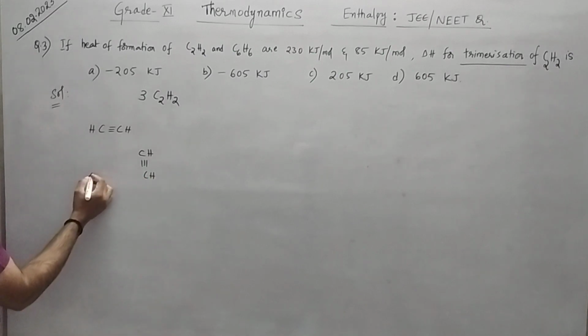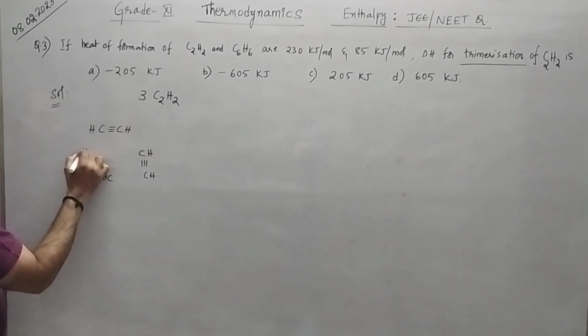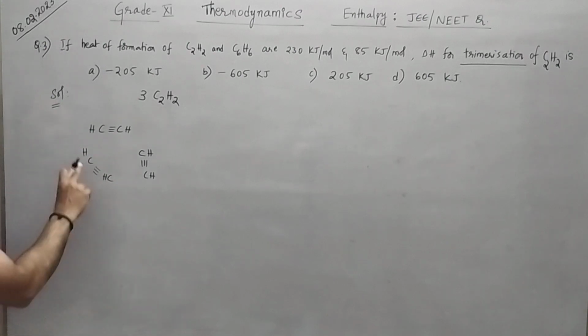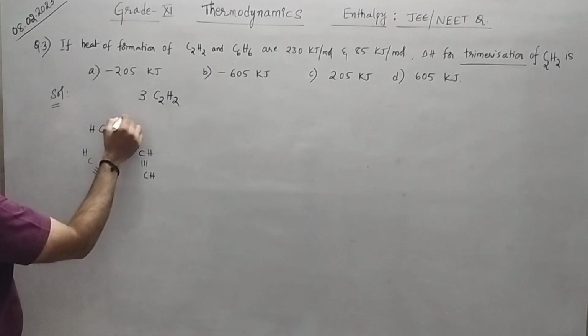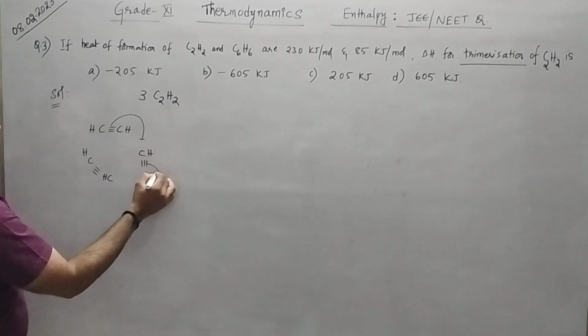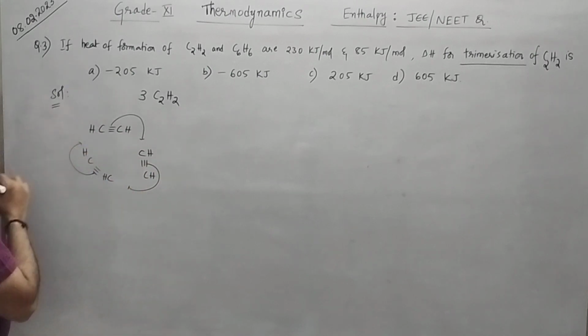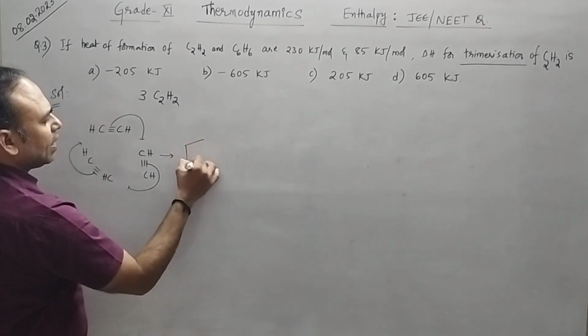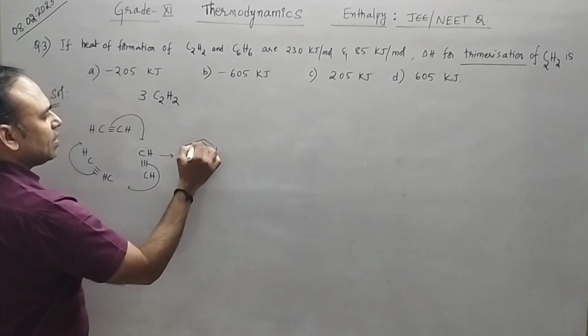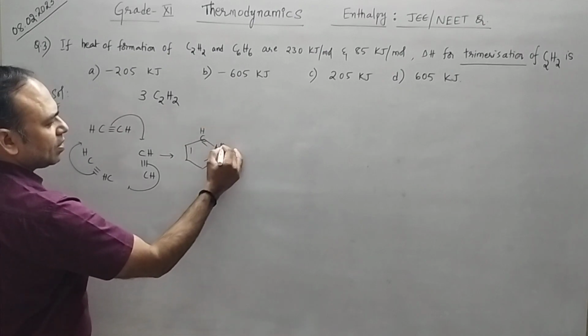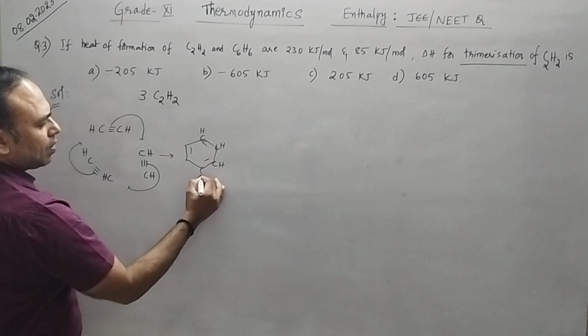Three molecules, if you take CH triple bond CH, now if you have the trimer of this, what happens? The pi bond will move to the adjacent position and you are going to get benzene here. So CH, CH like this.